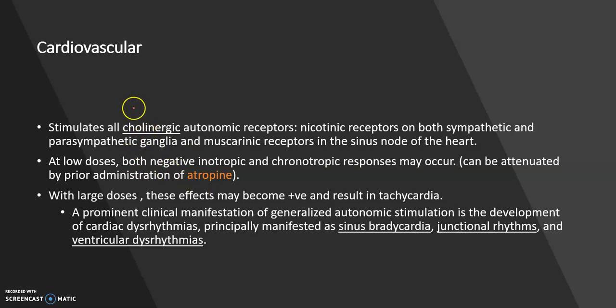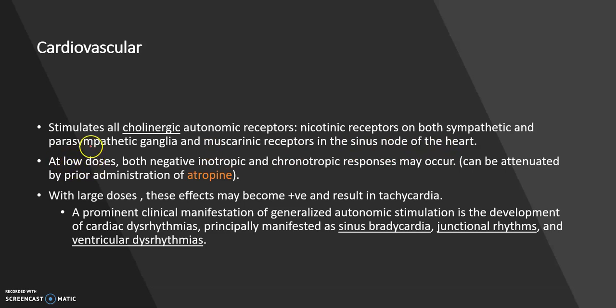So to be more detailed, for cardiovascular effects, it stimulates all the cholinergic autonomic receptors. So it's the nicotinic receptors on both the sympathetic and parasympathetic ganglia, and the muscarinic receptors in the sinus node of the heart.